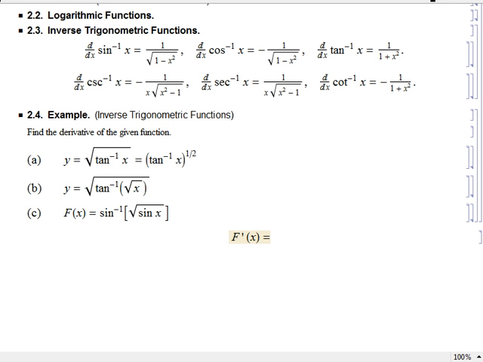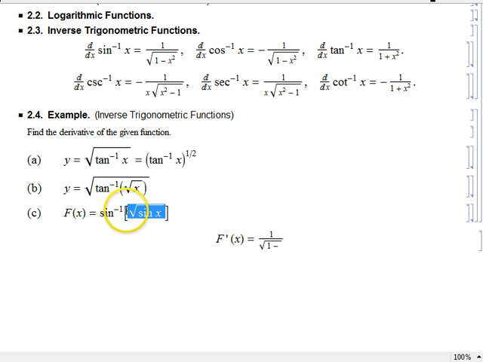Okay, so we have sine function inside, square root, power function, and then arcsine function. So it looks like you'll have to use chain rule twice. So outermost function is going to be arcsine function, so you'll have to use this formula. So 1 over square root of 1 minus x squared.